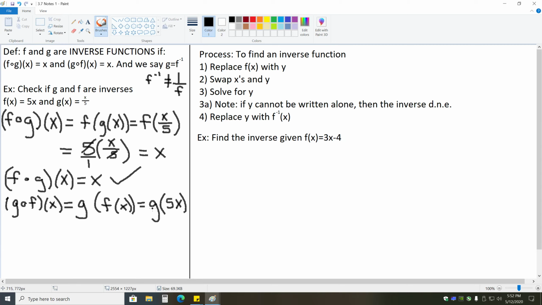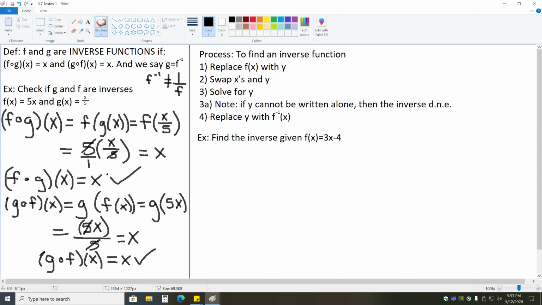When we plug 5x in, x over 5 is now going to become 5x over 5. And we can cancel the 5 from the numerator and denominator, which leaves us with just x, which means g∘f is also equal to x.